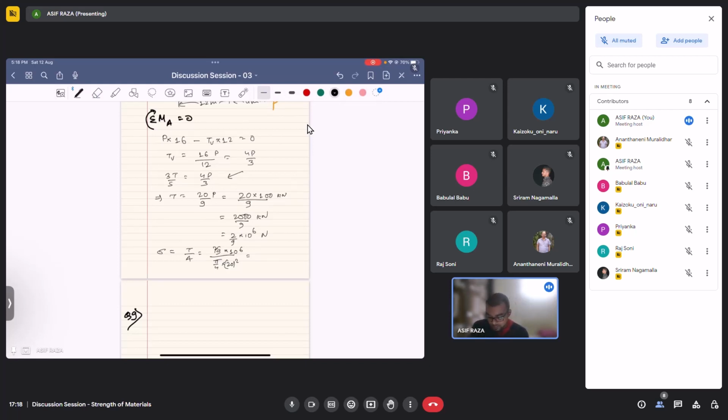Okay, let me at least do the calculations correctly. 2 upon 9 into 4 divided by 5 divided by 2. So it's around 707.355 MPa, right? I hope the calculation is correct now.